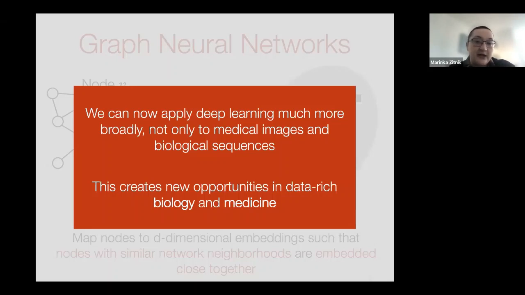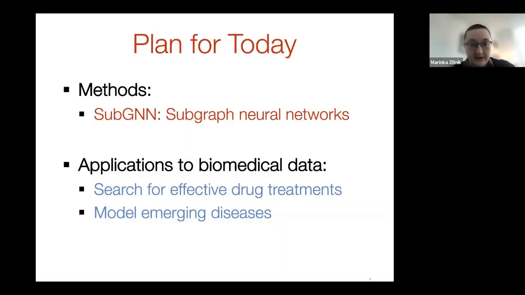Now, graph neural networks allow us to apply these powerful models with any graph, and that creates new opportunities in biology and medicine that I'll be focusing on today.